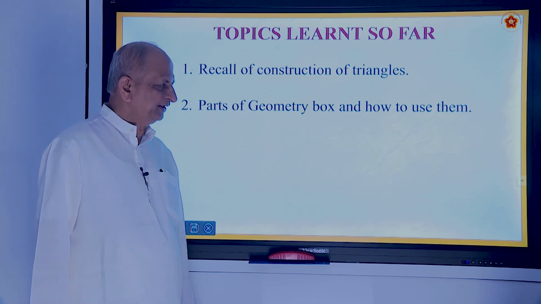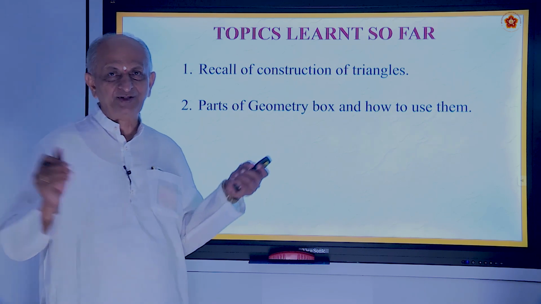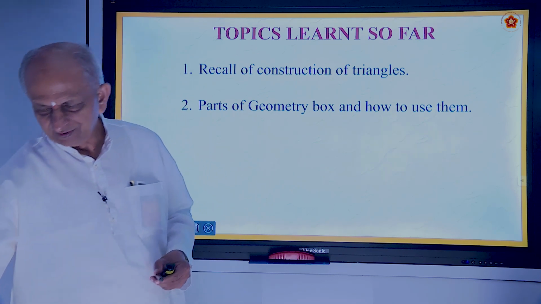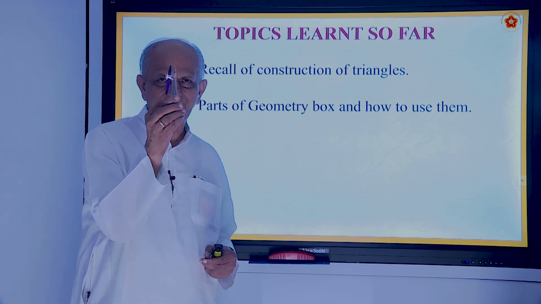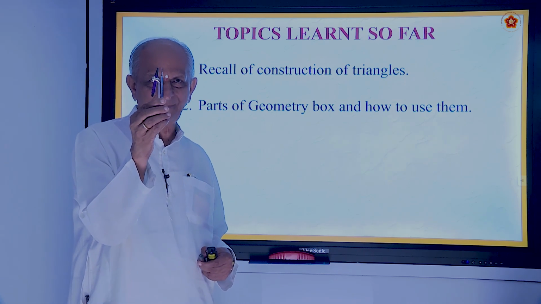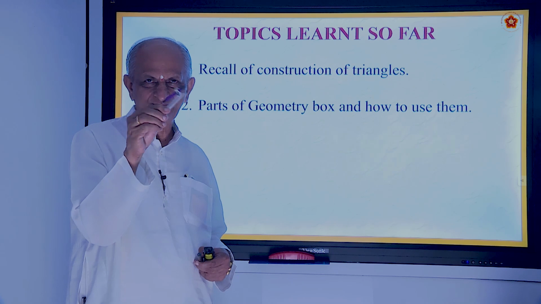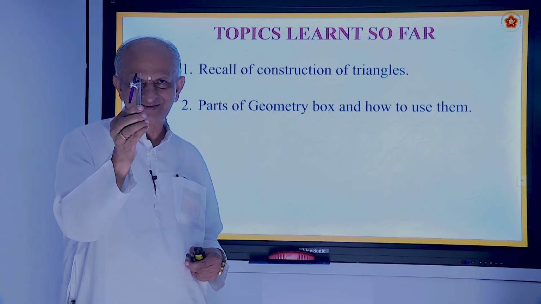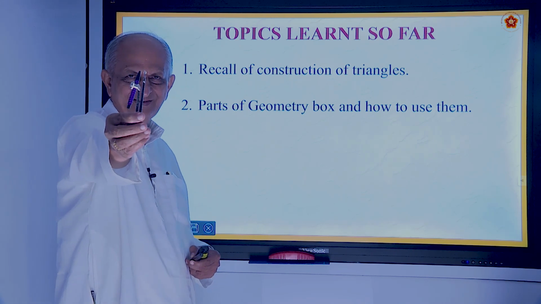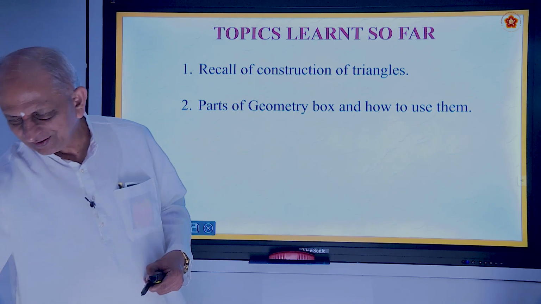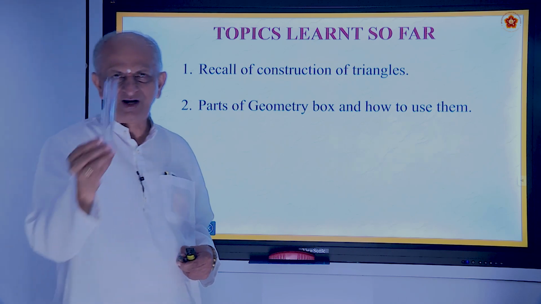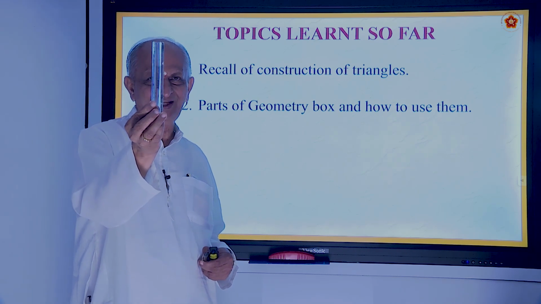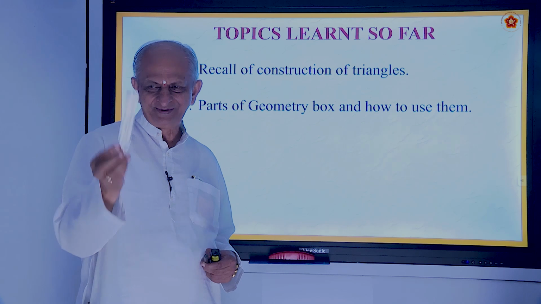And also we have seen the different parts of the geometry box. Come on, what is this called? Compass. Why it is used? To draw the arcs or circle, correct? Can you see it? Okay. And also, what is this called? Scale, to draw the lines, correct?